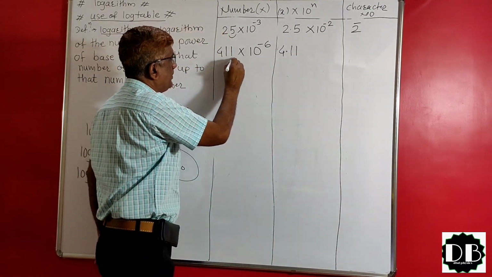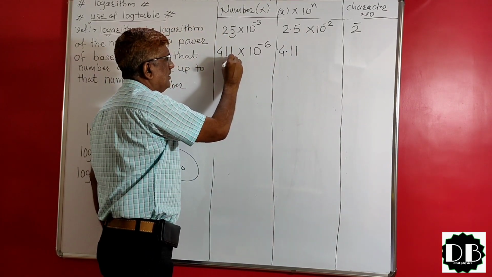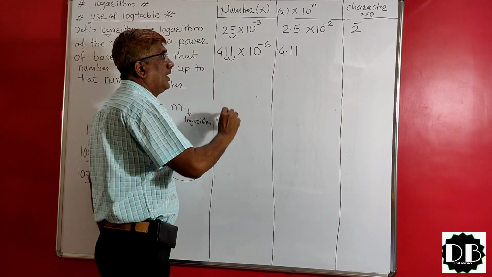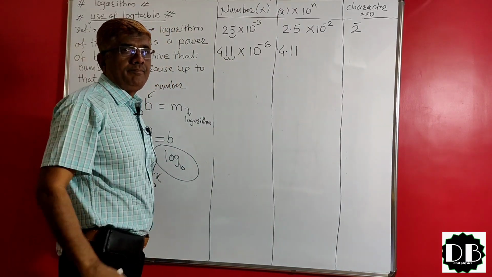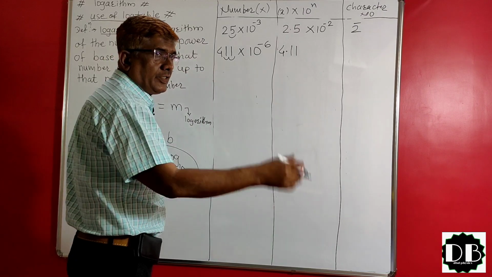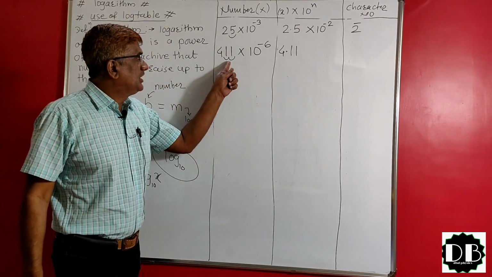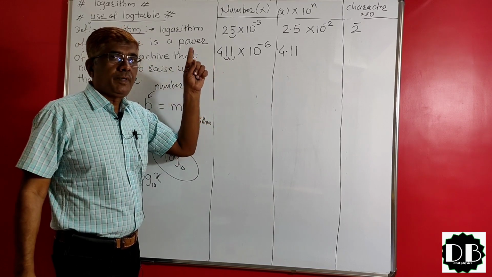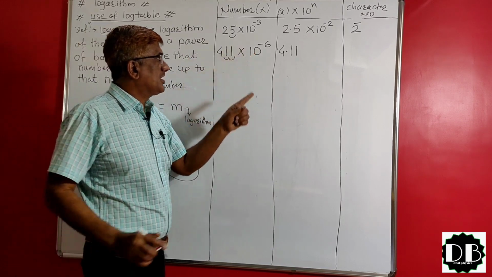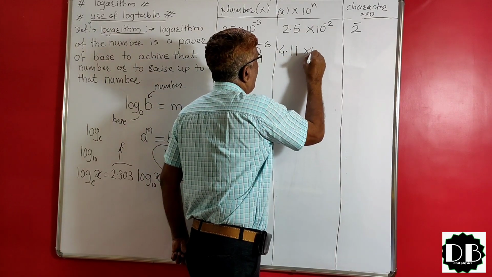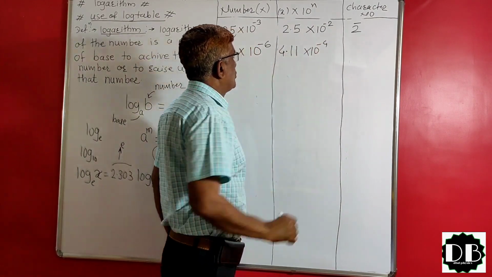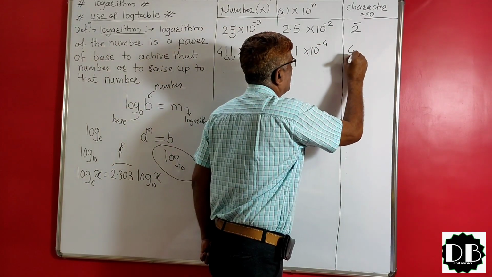For that, we shift the decimal point, which is right here, 1, 2. Plus, because this shifting is from right to left, so this is a positive shifting, plus 2 minus 6, 10 raised to minus 4. So the character number is bar 4.